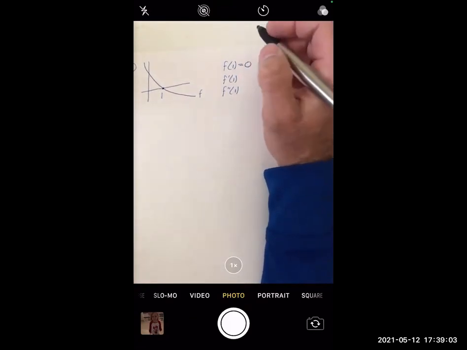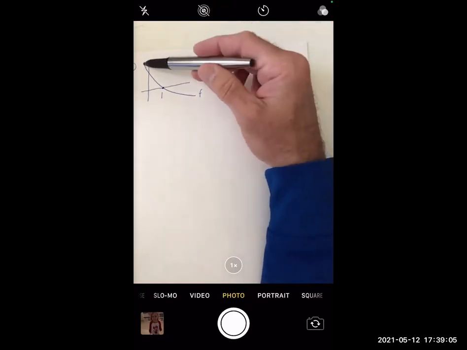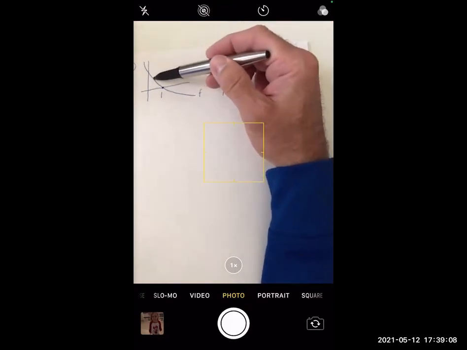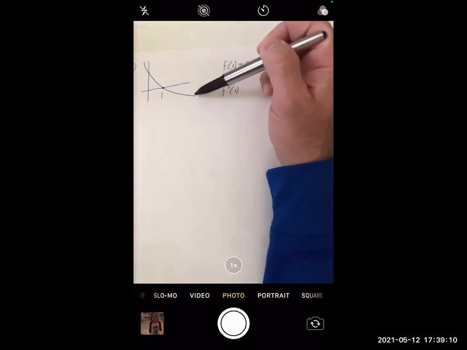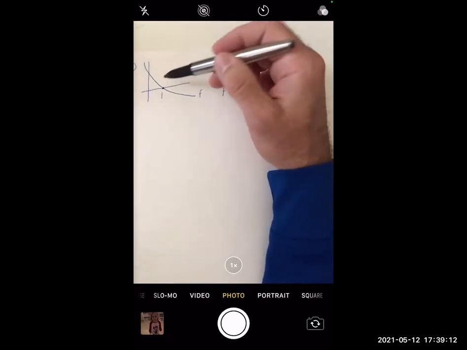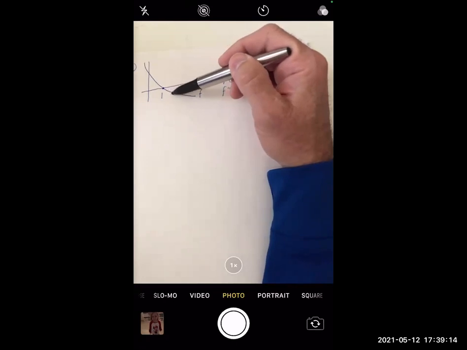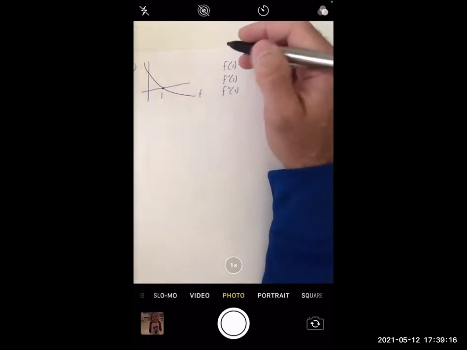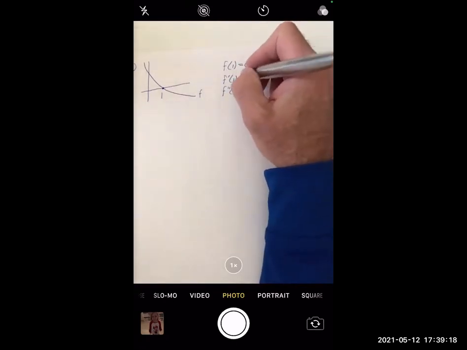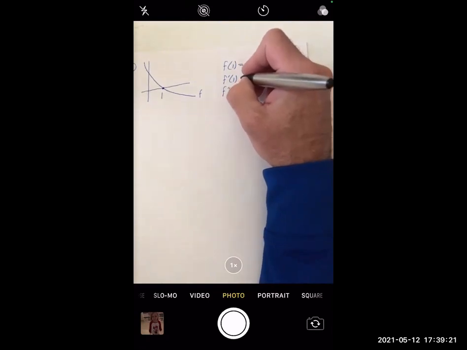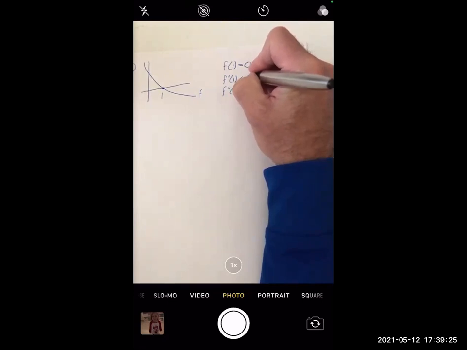I'll give you a hint, it starts with a D. It's decreasing. So if a function is decreasing, what is the sign of the derivative? Negative. So you know the first derivative is negative.